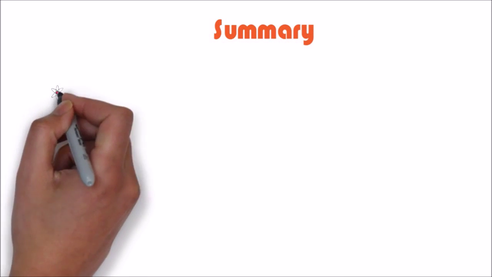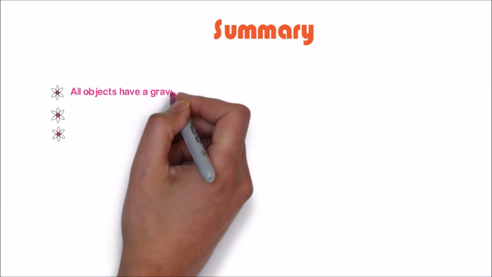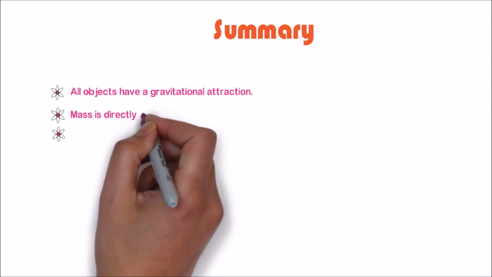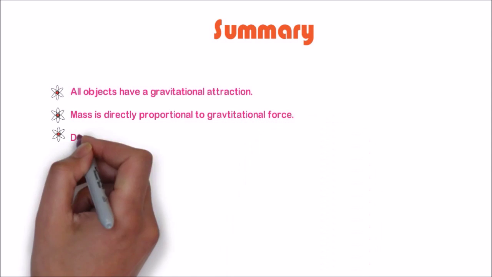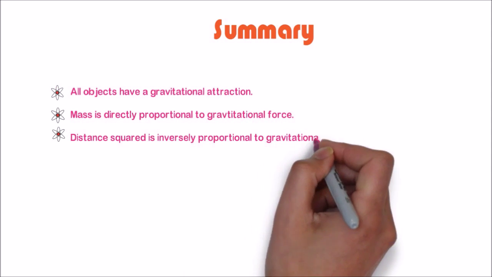Summary. All objects have a gravitational attraction. Mass is directly proportional to gravitational force. Distance squared is inversely proportional to gravitational force.